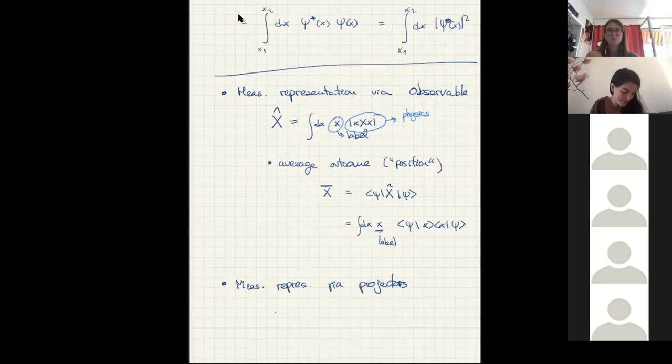I say, for example, that the measurement corresponds to outcome 0, outcome 1, outcome 2. And these are projectors, which means that P_x squared is the same as P_x. I'll give you an example in a second. And the sum of all the P_x should be the identity matrix.